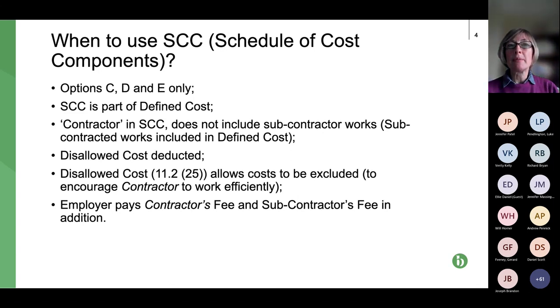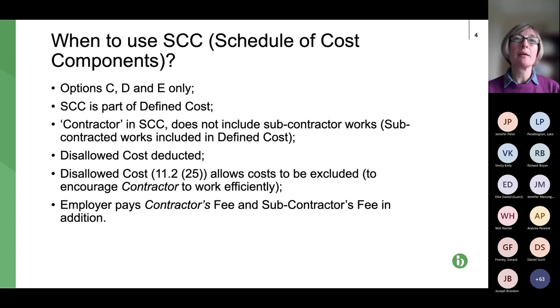Disallowed cost is deducted from the defined cost. Disallowed cost, in very broad terms, covers things that you wouldn't really, as a contractor or subcontractor, expect to be able to claim. Adjudication costs are included: each party bears their own adjudication costs.